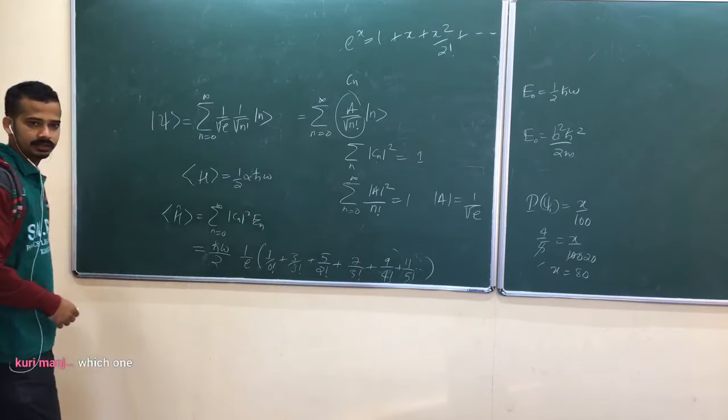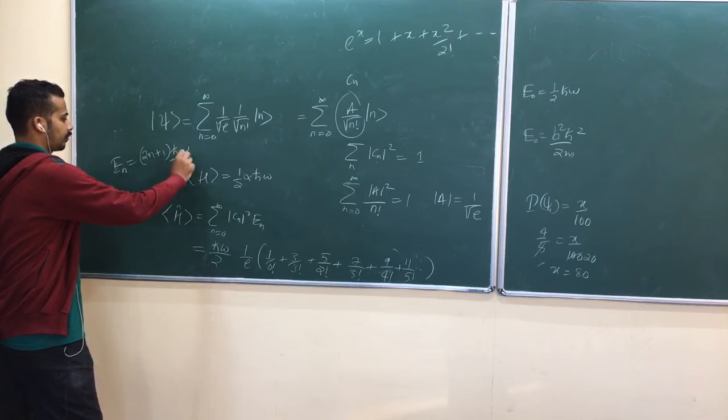I think then also you will not get the summation of the series, am I right? Ultimately you have to equate to h bar omega by 2 into alpha. I think he was remembering E n is equal to h bar omega (2n plus 1) by 2.